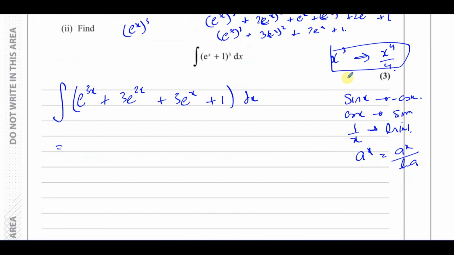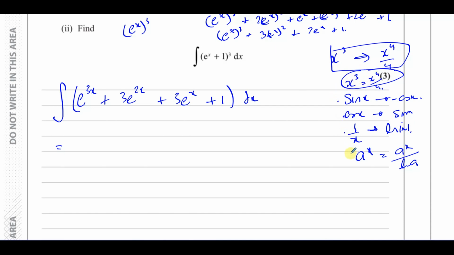Not everything integrates like that. If you have a polynomial, x to the power of 3, for example, then you add 1 to the power and divide by the new power. Only that type. So in P1 and P2, in IGCSE or GCSE, when we were differentiating and integrating, we only dealt with this type, where you have a polynomial type of problem.